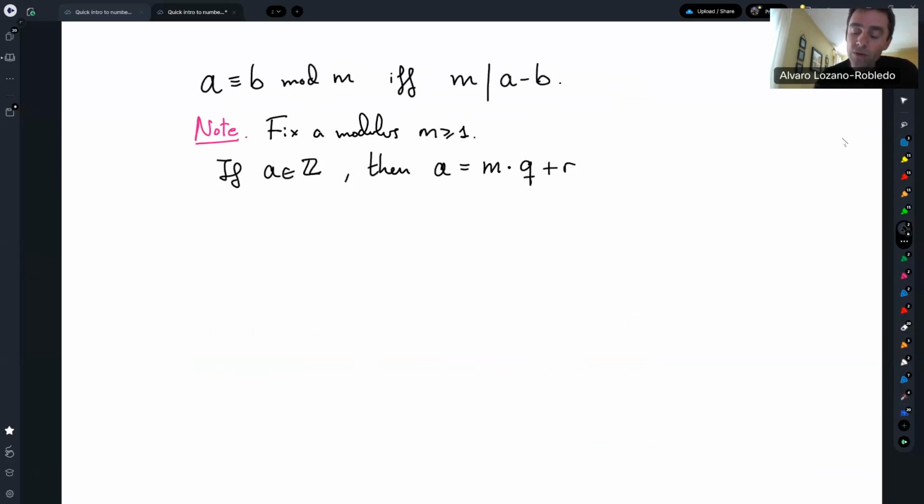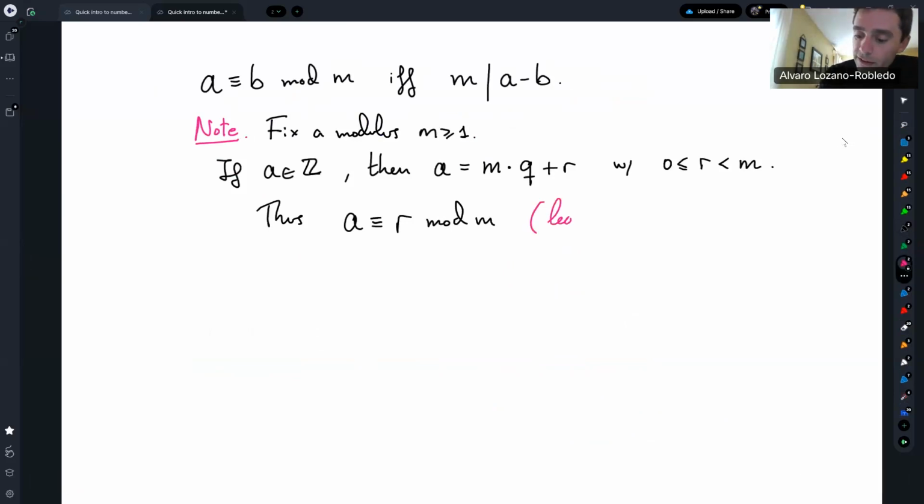So if I do long division, there would be a quotient q and a remainder r, and long division assures me that this remainder will be between 0 and m, and if so, then A is congruent to R modulo M, and this R is what we call the least non-negative residue of A modulo M.